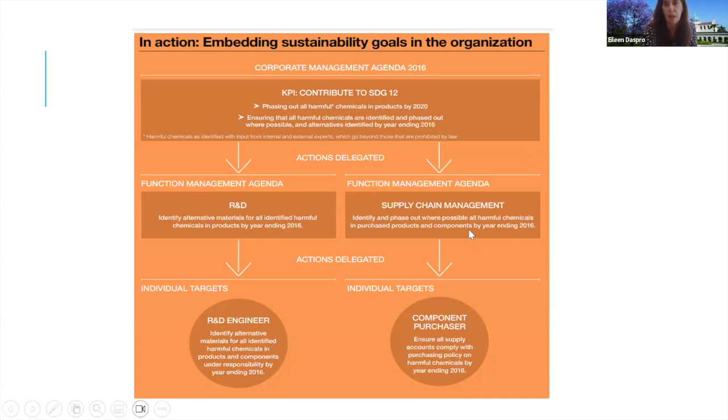And then in supply chain management, identifying and phasing out all harmful chemicals and products that they might currently be purchasing from other suppliers. Again, that's the role of the purchasing department. So this is just to give you a quick glimpse of what embedding some of these KPIs within the actual operations of an organization would look like.